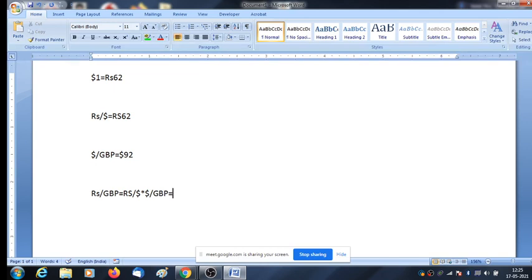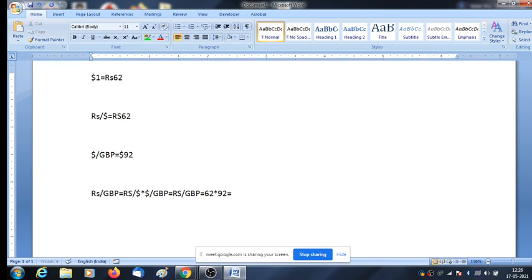Dollar will cancel, so we'll have rupees divided by GBP equal to, we have dollar in terms of rupees, 62, multiplied by pound in terms of dollar, that is 92.